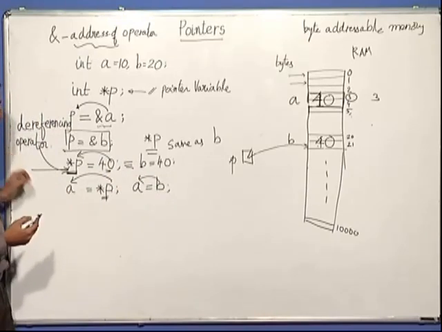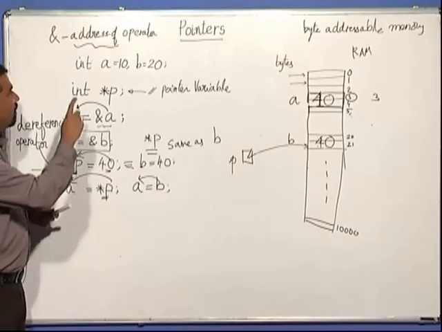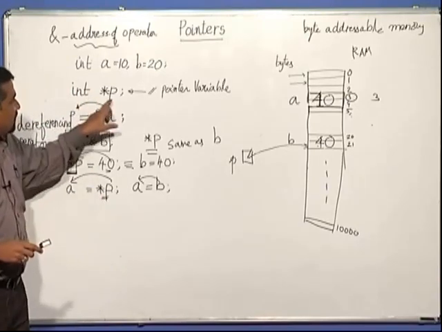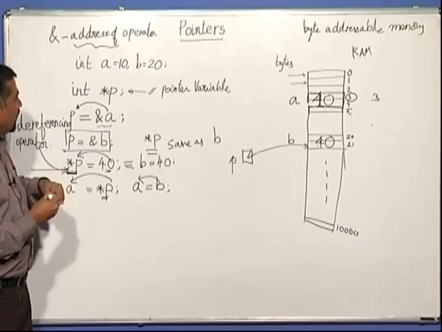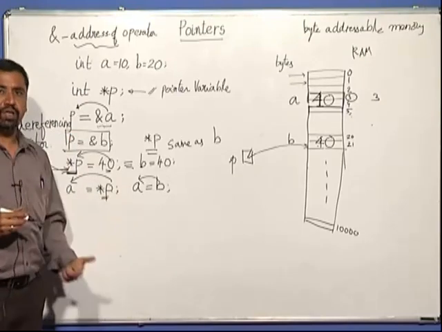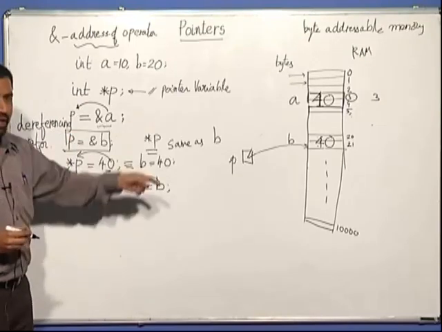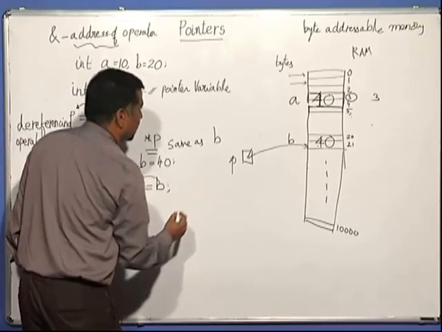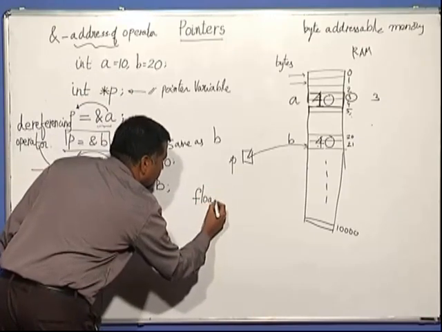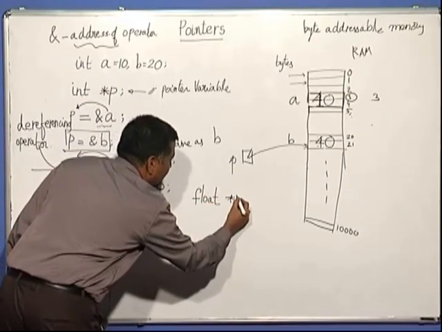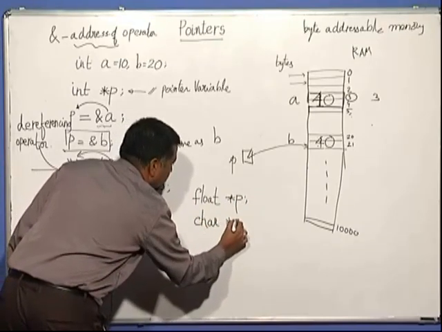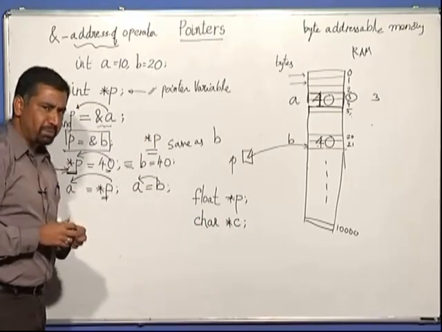So here we have learnt very simply what pointers are. They are variables. How to declare them? This is how to declare them. We can declare a pointer of other types also. For example, if you are dealing with floating point variables, you could simply declare them like this, any type.